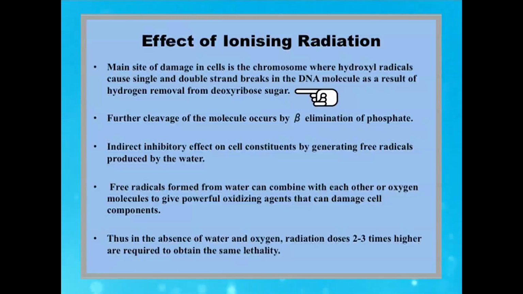This results in the removal of hydrogen from the deoxyribose sugar. Along with it, there is further cleavage of the molecule when there is beta elimination of the phosphate group. So this damages the DNA molecule, and as a result, the microbes are not able to survive in the food item.